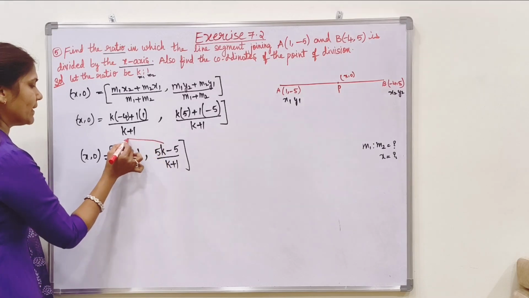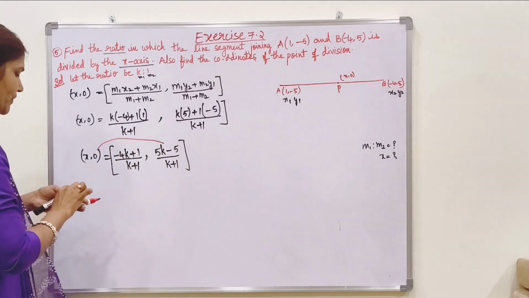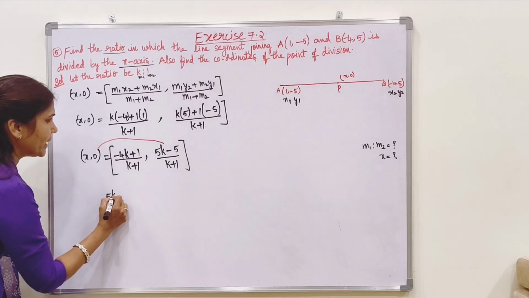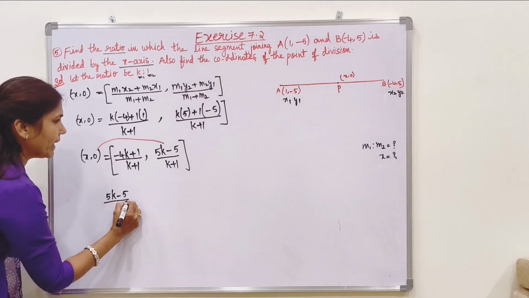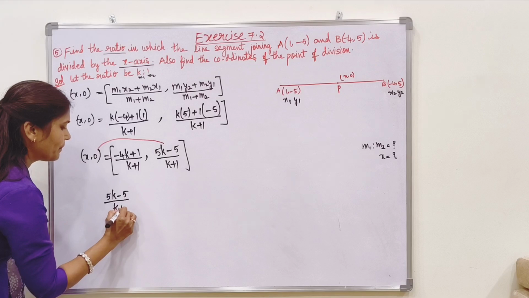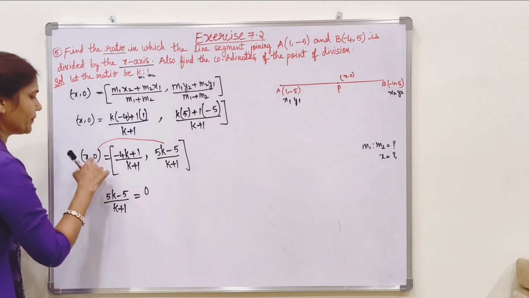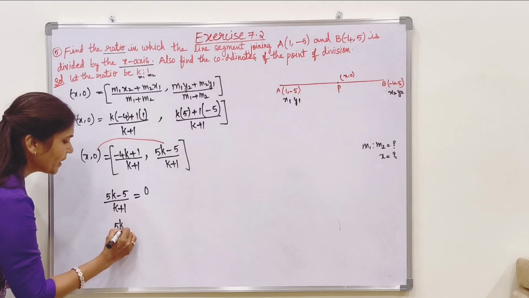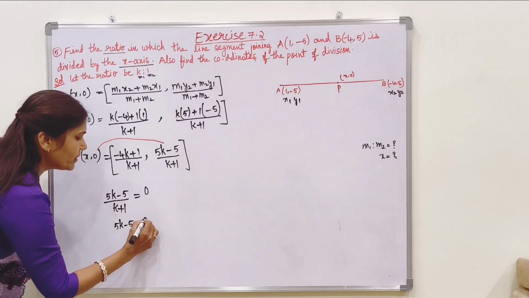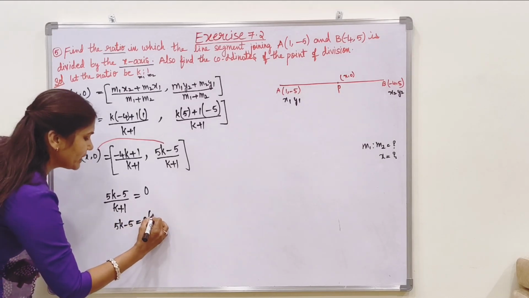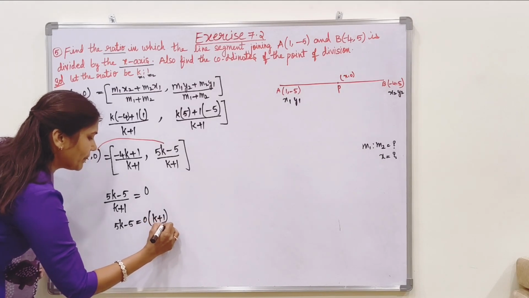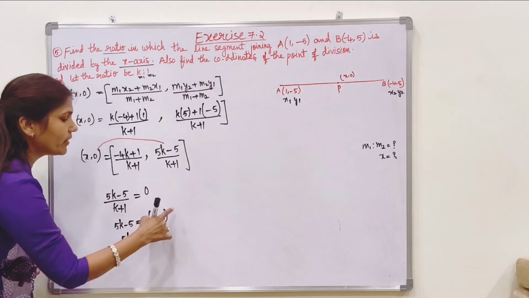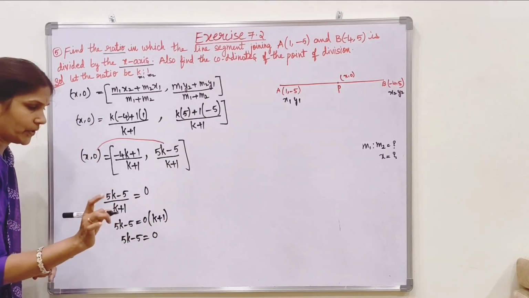See, the second equation: first we will try this equation. 5k minus 5 divided by k plus 1 equals 0. Simplify this. 5k minus 5 is equal to 0 into (k plus 1), so it becomes 0.